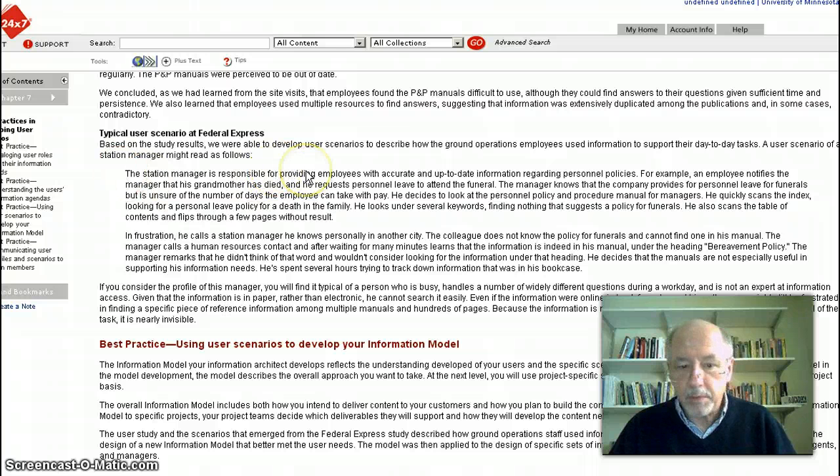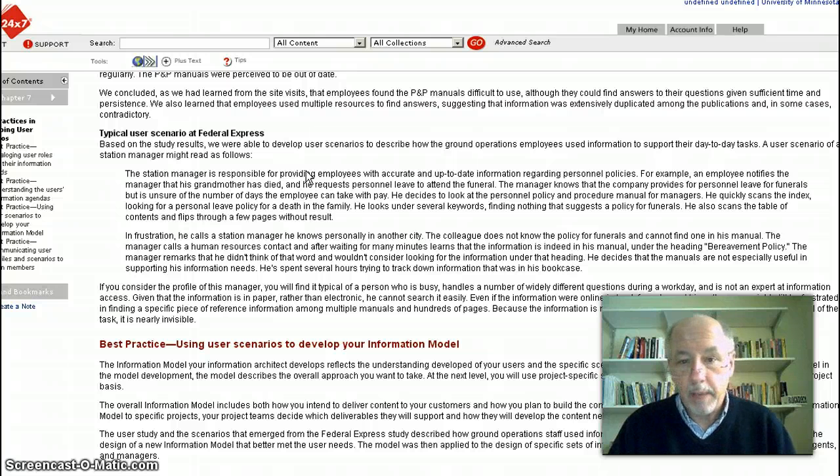Discussing people's responsibilities. This is helpful to think in terms of what people are responsible for, what their goals are. That's a key component of any scenario: goal, obstacles to that goal, and then how your document, your deliverable, helps people achieve their goals. That is central.